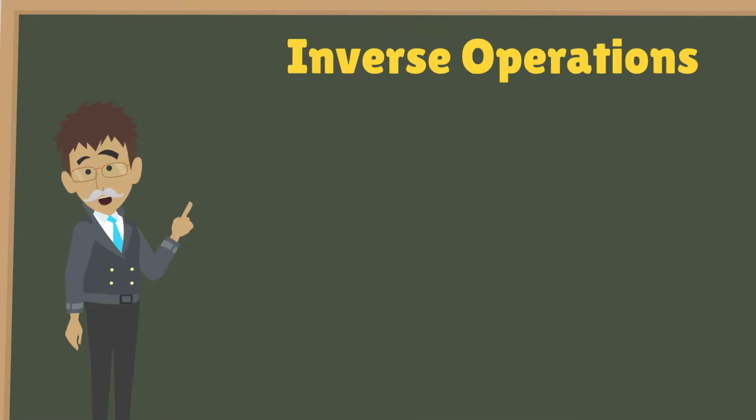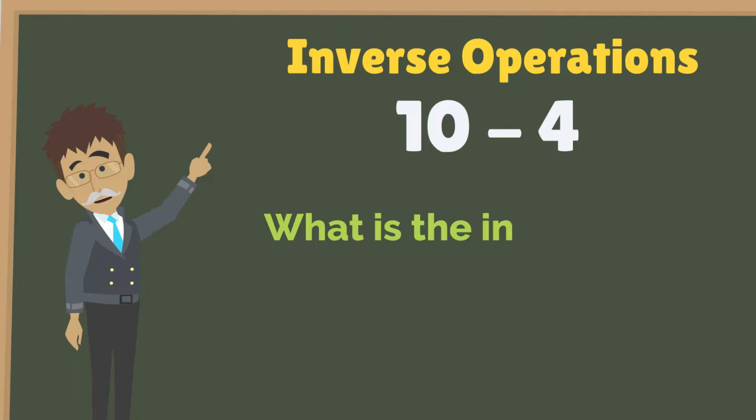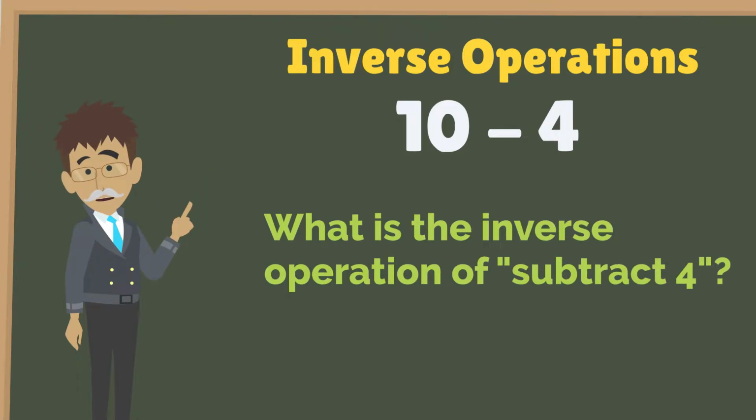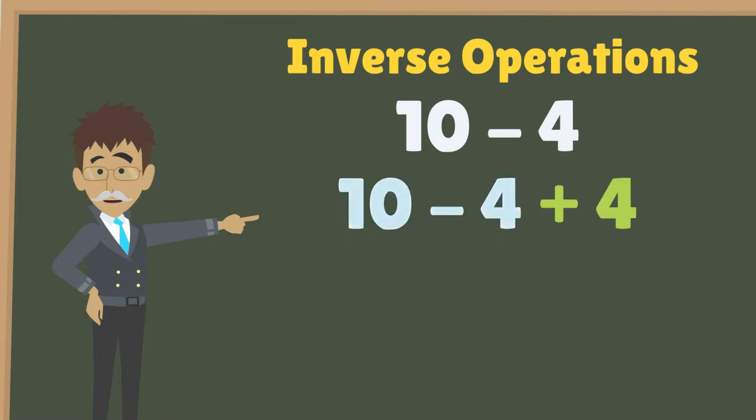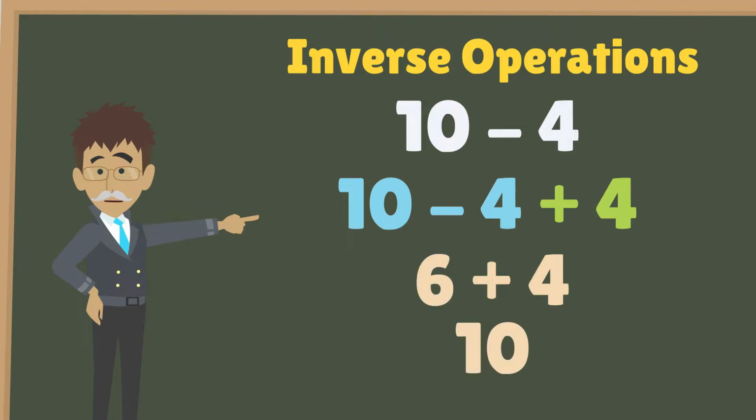If we have 10 and want to subtract 4, what is the inverse operation to undo subtract 4? The inverse operation to subtract 4 is add 4. 10 minus 4 is 6. Adding 4 returns us to the original 10 and is the undo operation for minus 4.